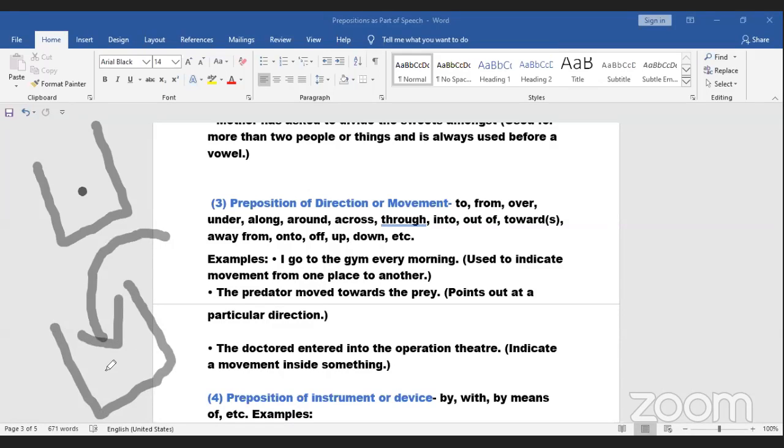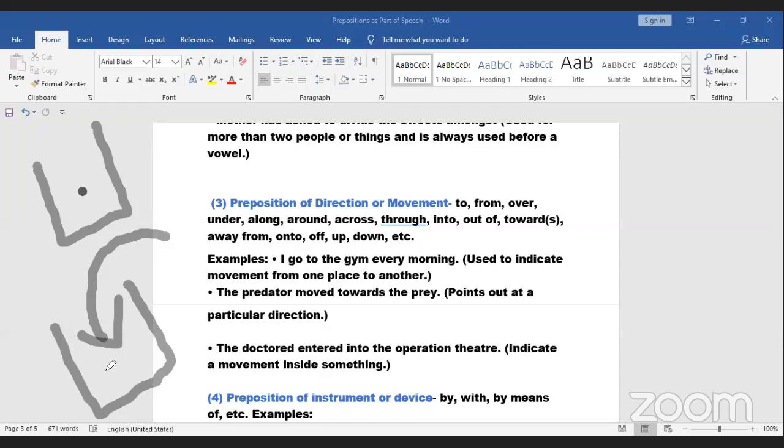I walked into the classroom. I jumped into the river. I never say I jump in the river, but into the river. I walked into the classroom. Again, it is directional, like insertion, entry. That is into. So there is a difference between in and into.